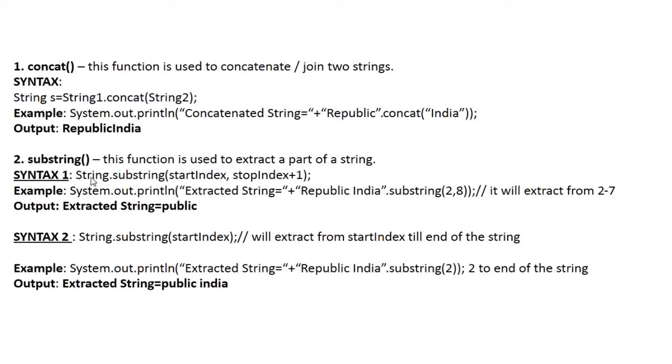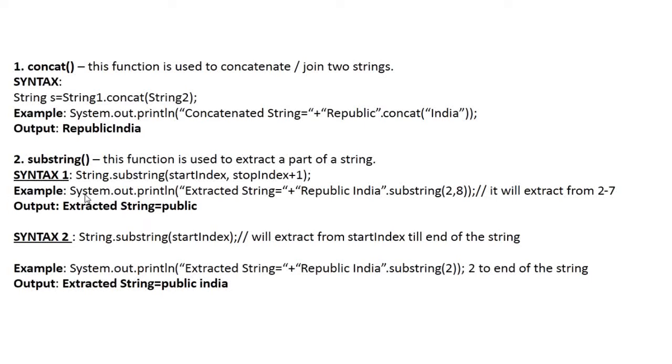I will first cover syntax 1. string.substring(start index, stop index plus 1). Suppose if you give 8, then it will extract till 7. If you give 9, it will extract till 8. Keep this thing in mind. This is very important.